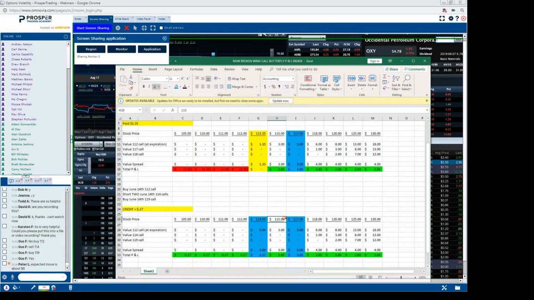We're not even talking about expected move right now, Peter. So, at 115, that's going to be worth 3. Those are going to be worth 1 each. The 119s are going to be worth 0. Still going to make money there.